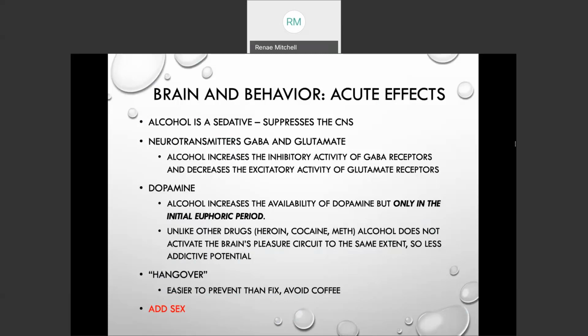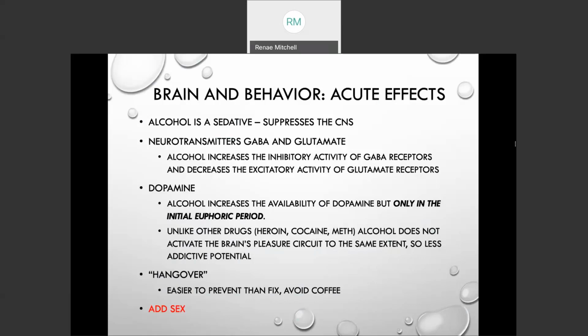And once that process of breaking down alcohol starts to occur, there's no reversing it or making it get better. And so, really, the only cure for a hangover is preventing it from happening in the first place, which means consuming alcohol at a rate that your liver can keep up with so you don't experience the negative effects of the byproduct that your liver creates when it's breaking alcohol down.